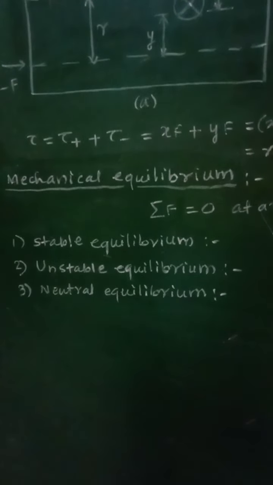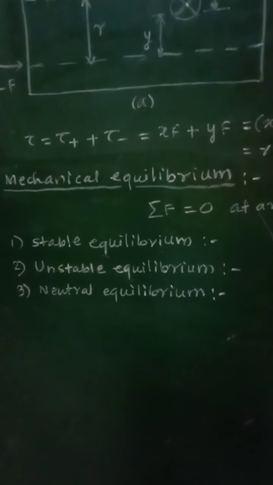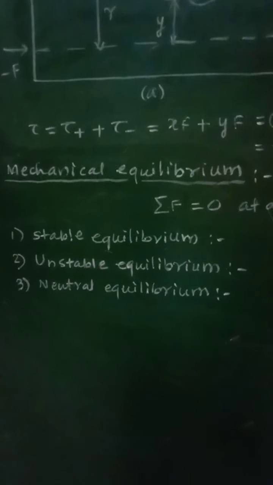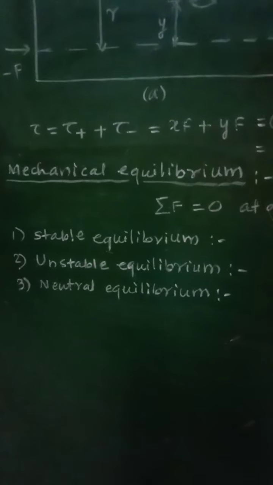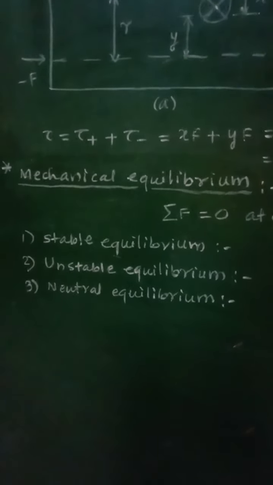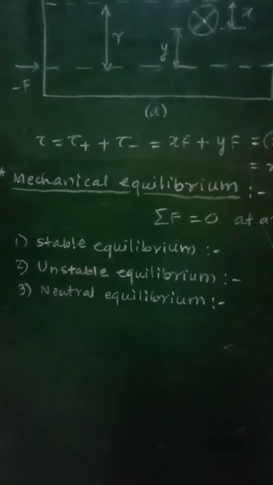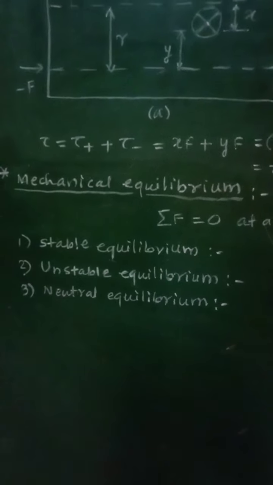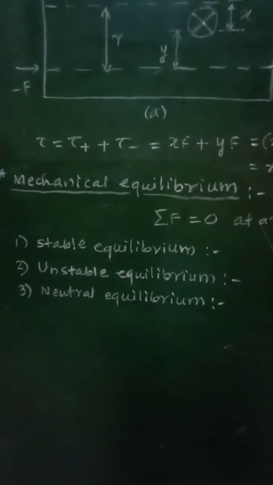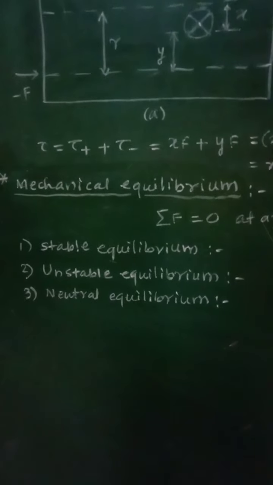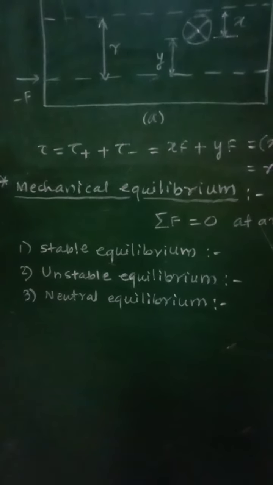That means if final equilibrium and initial equilibrium are not the same, then the body is in unstable equilibrium. Then if the body is disturbed from its equilibrium and released, and it remains in equilibrium, then we can say that it is neutral equilibrium.